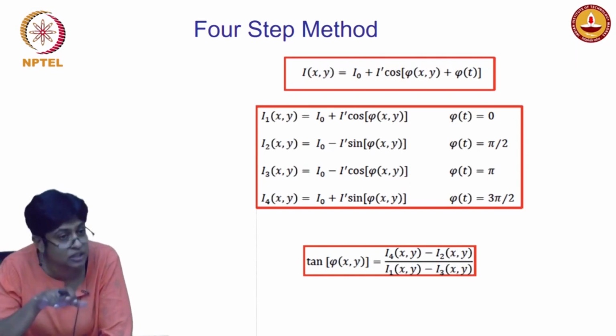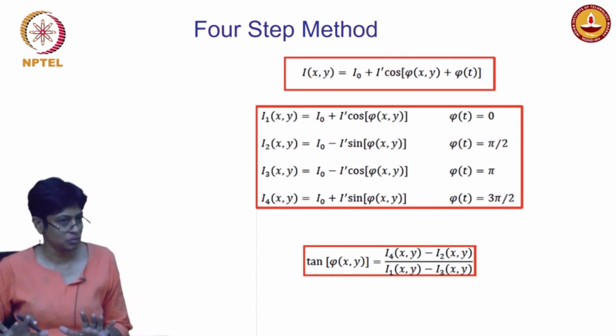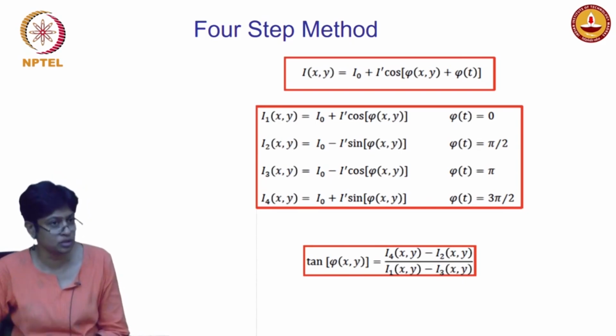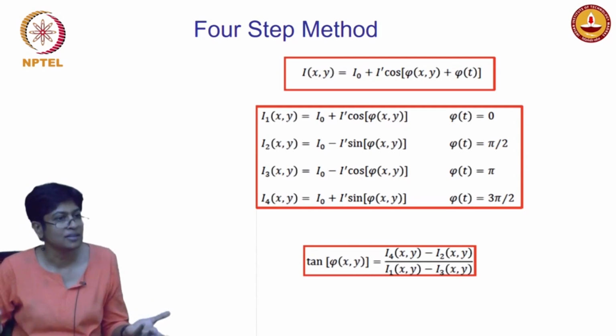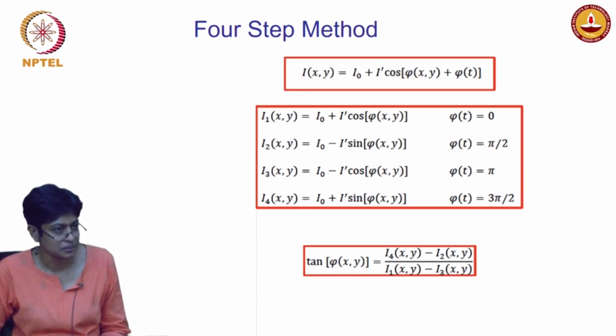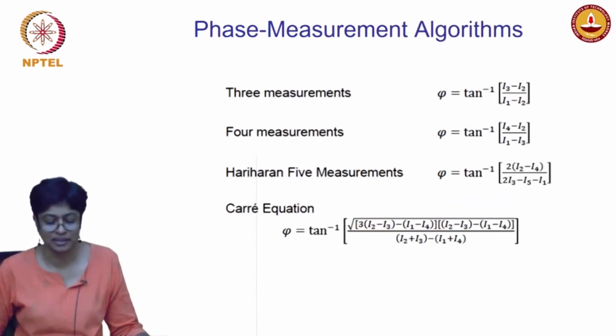Now I just have to measure 4 different patterns with my camera, do this pixel subtraction, put it into this formula, and then take the argument of those measurements, and I will get the phase at every point. Okay. You see any problems with this? Yes, no? Okay, we'll come back to that.